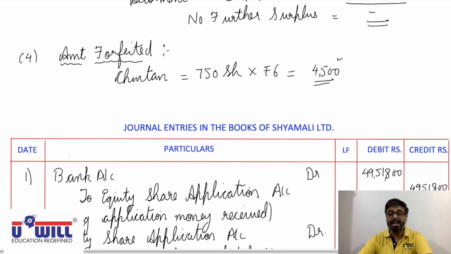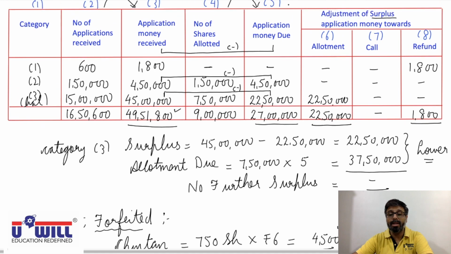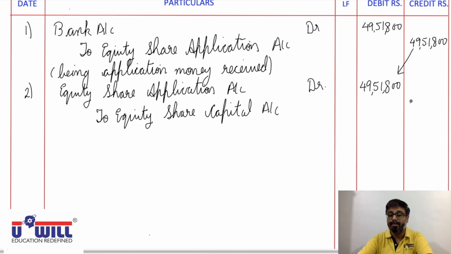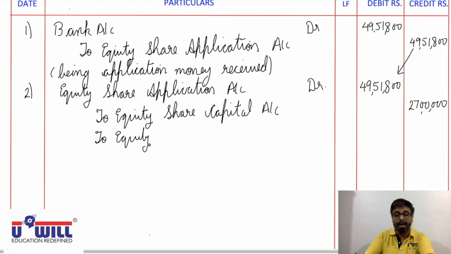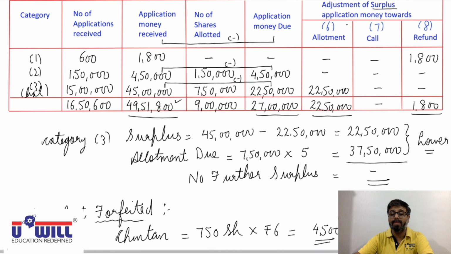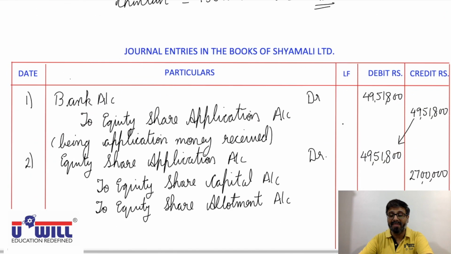Now in equity share capital account we'll record the column 5 amount as we have been doing earlier, 27 lakhs. Then to equity share allotment account, equity share allotment account will record column 6 amounts, that is 22,50,000.